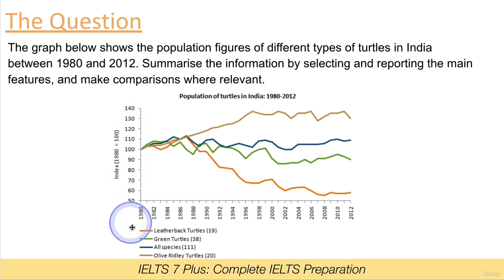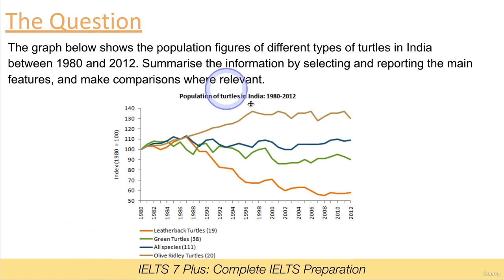So these are the population figures, so how many of each turtle there are. Okay, and then here's our key at the bottom of the different types of turtles. So we have leatherback turtles, and the brackets, maybe these are the different types of leatherbacks. Green turtles, all species, and then olive ridley turtles here.